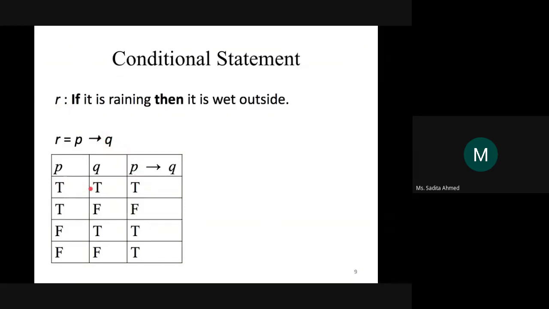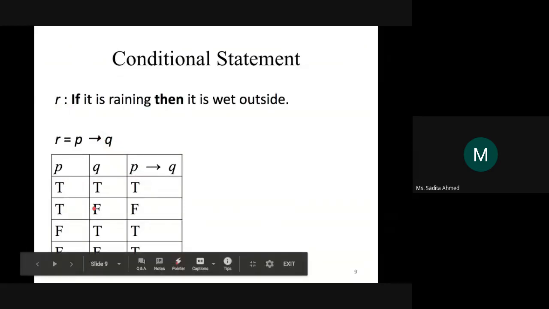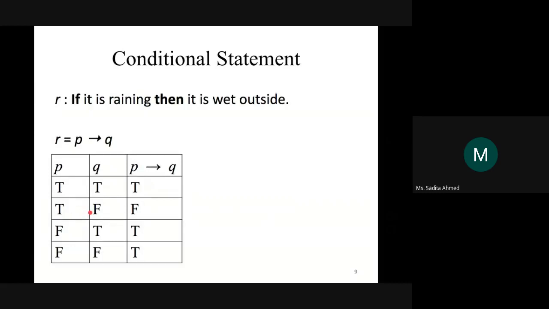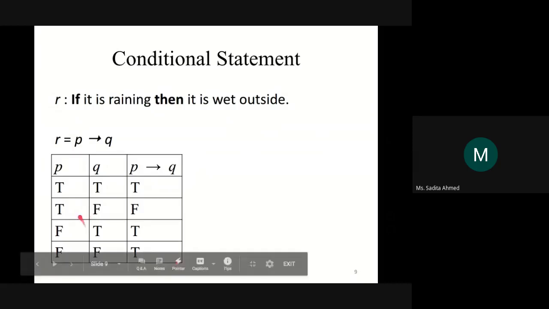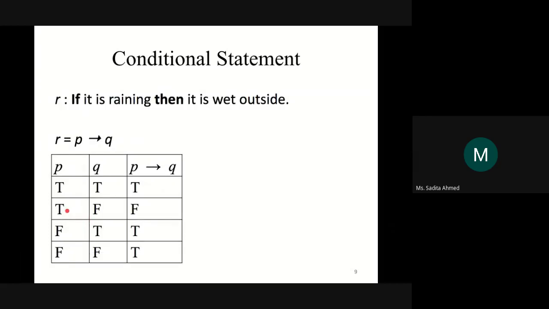Okay. Now, the second combination, we have true for P and false for Q. Here, let's see if it satisfies the conditional or not. What is the condition? If P is true, then Q has to be true. In the second combination, P is true, right? So let's look back at the condition.